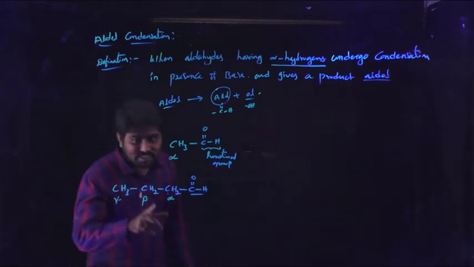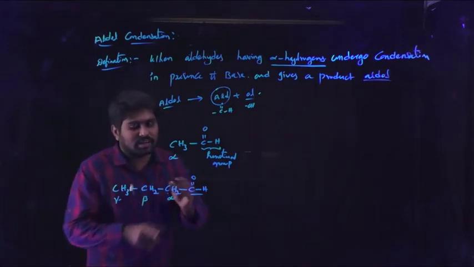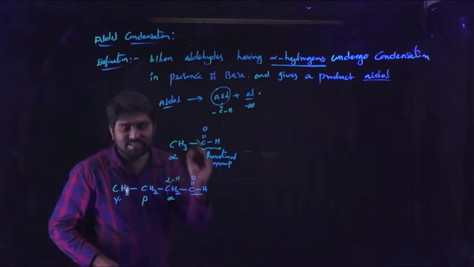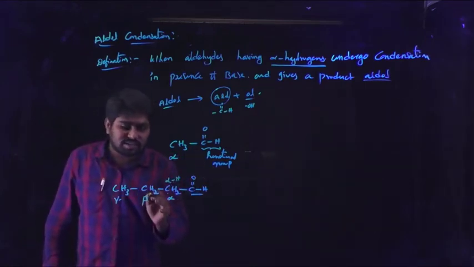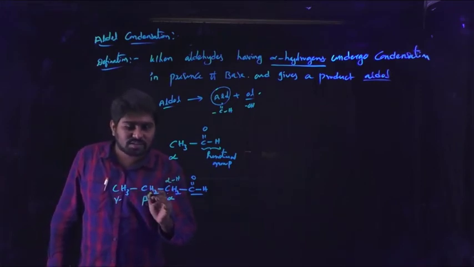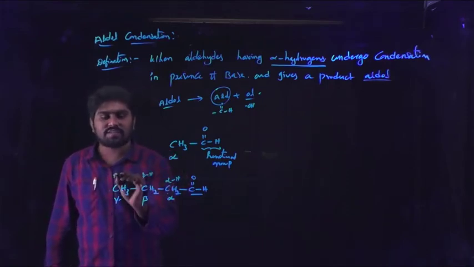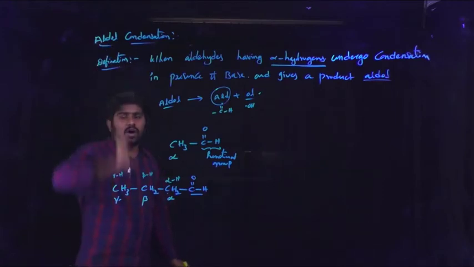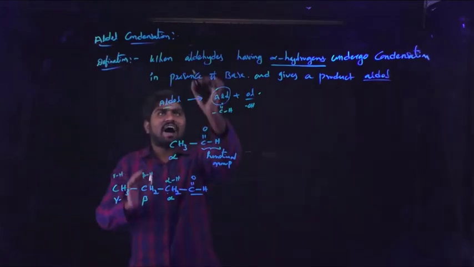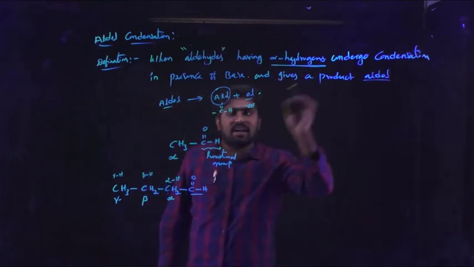The hydrogens attached to the alpha carbon atom are called alpha hydrogens, those attached to the beta carbon atom are called beta hydrogens, and those on the gamma carbon are called gamma hydrogens. The most important condition for aldol condensation is that the aldehyde molecule has at least one alpha hydrogen.